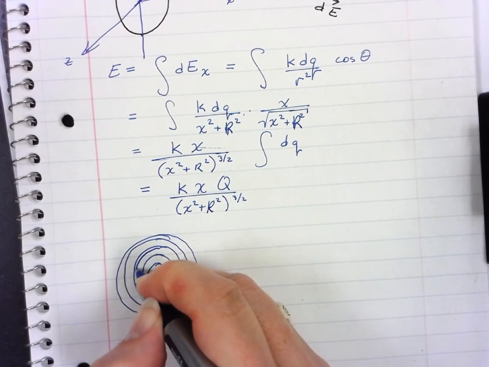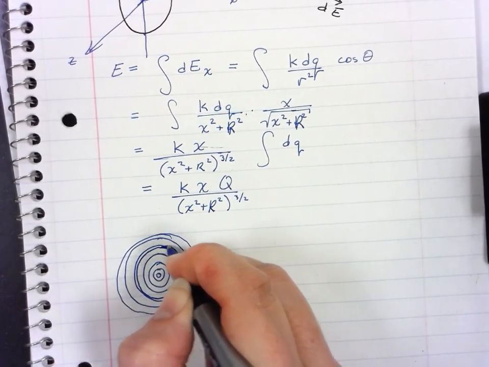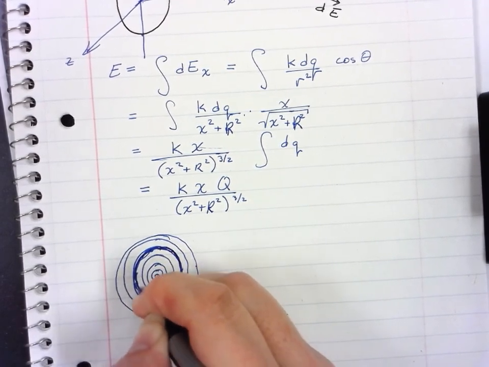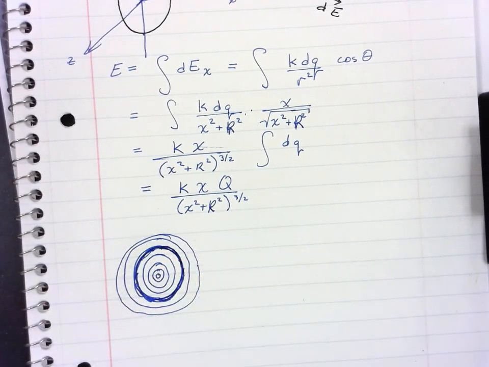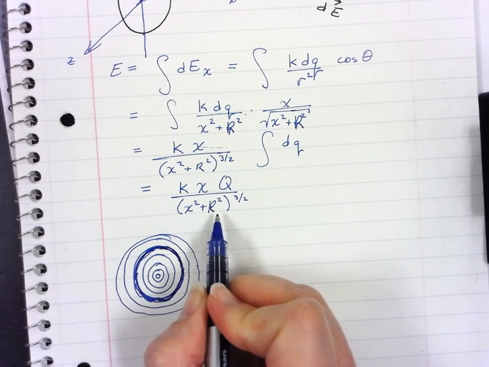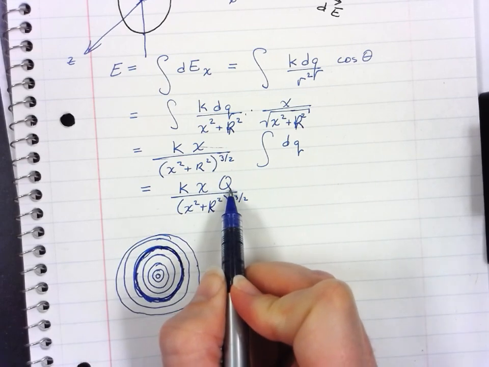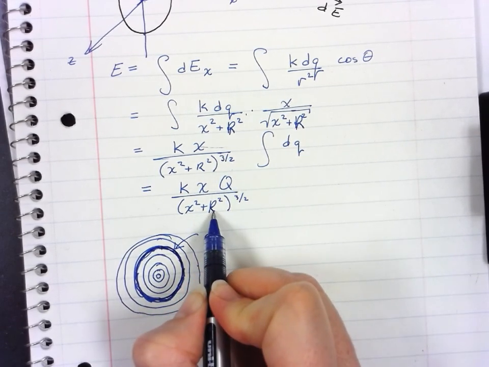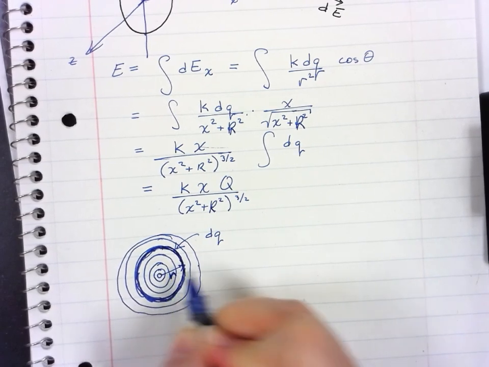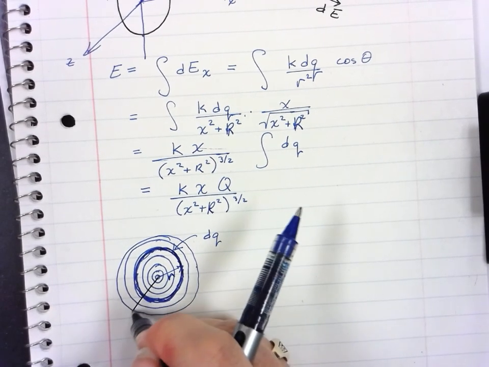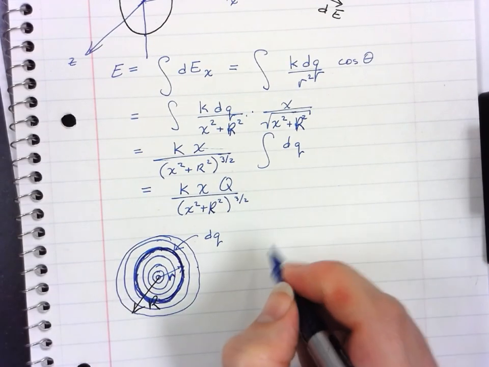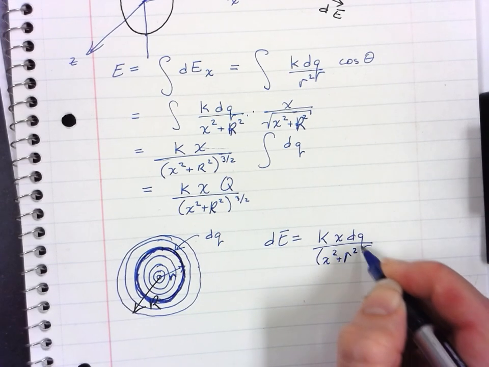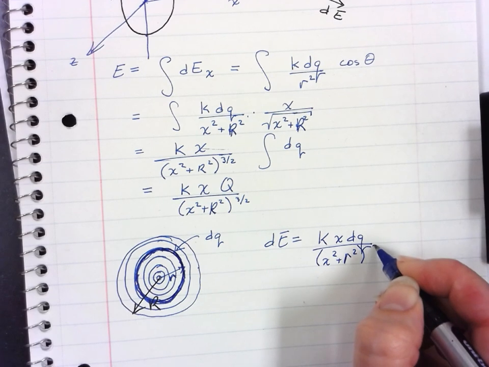So if I pick out just one of them and make it a ring with a little bit of thickness, the reason I'm doing this is I can use this expression, but I'm going to change it into dq, because this ring has charge dq and its radius is little r, where the whole radius is big R. So my dE now is k x dq over x squared plus little r squared to the 3/2 power.